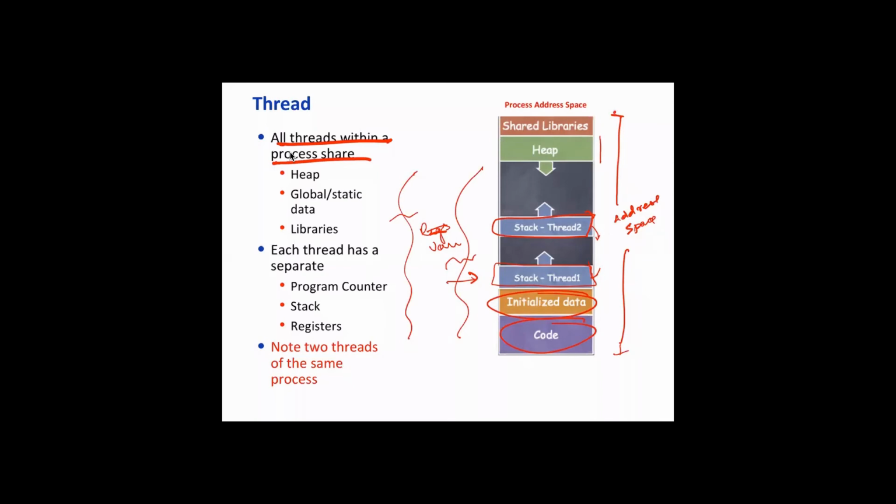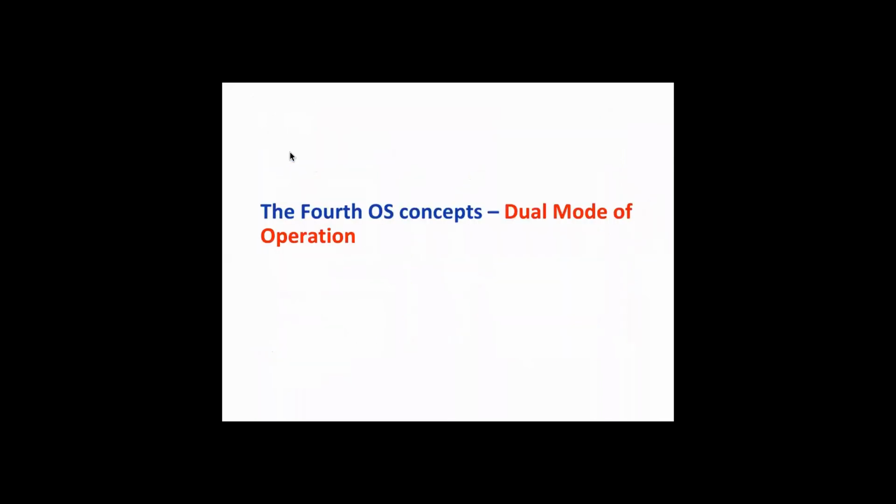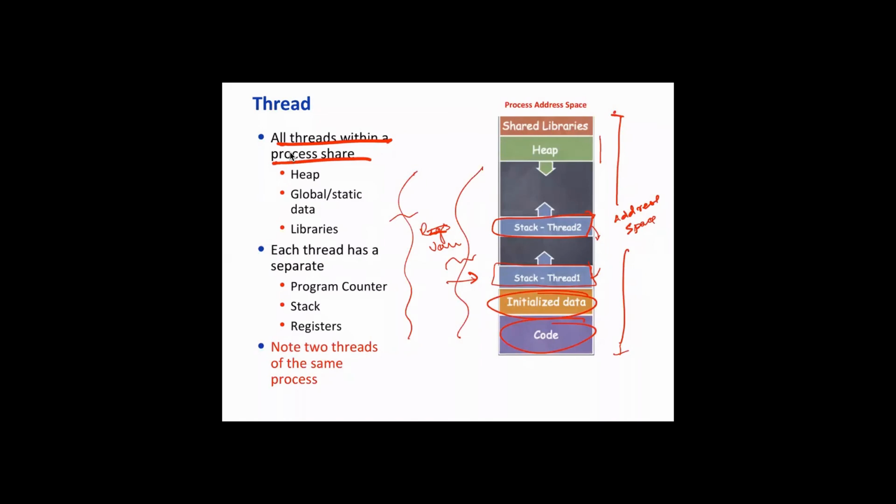Sir, if one of them changes the value of a global variable, doesn't it affect the execution of the second thread also? Yes, that is what has to be taken care of. This is where threads share something with each other.